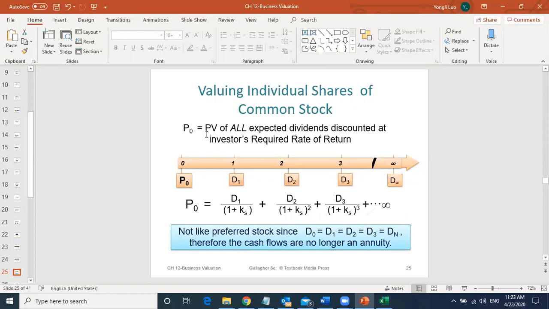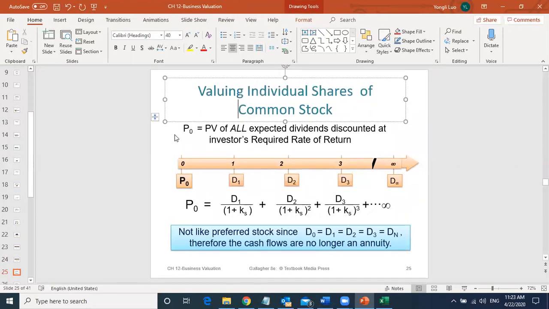That is going to be the present value of all expected dividends discounted at the investor's required rate of return. We call this type of common stock zero growth.